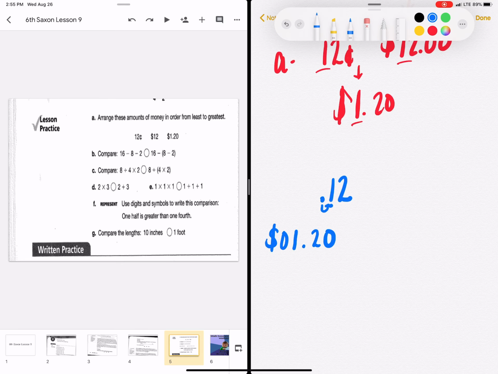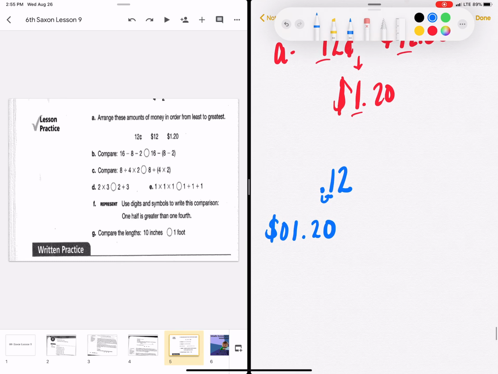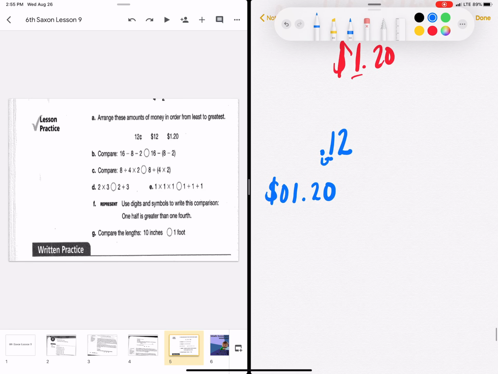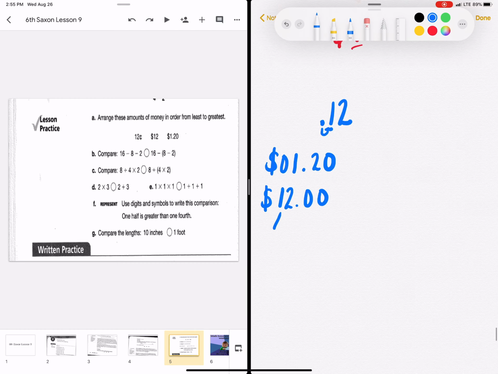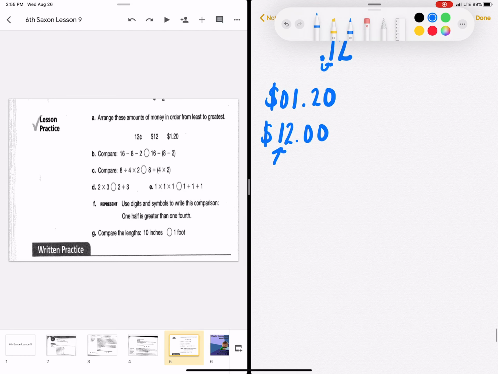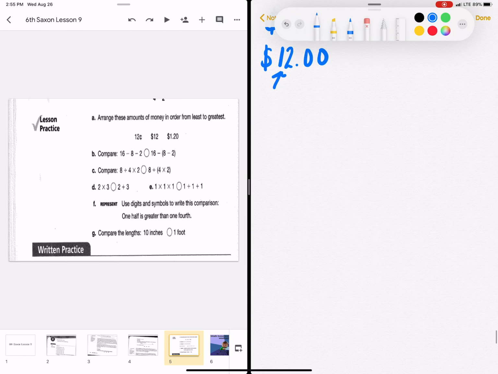It's like having a 0 there. So 0 is less than 1. Next we have $12, which is the most in this example because it has a tens place and it has value. So that is letter A.